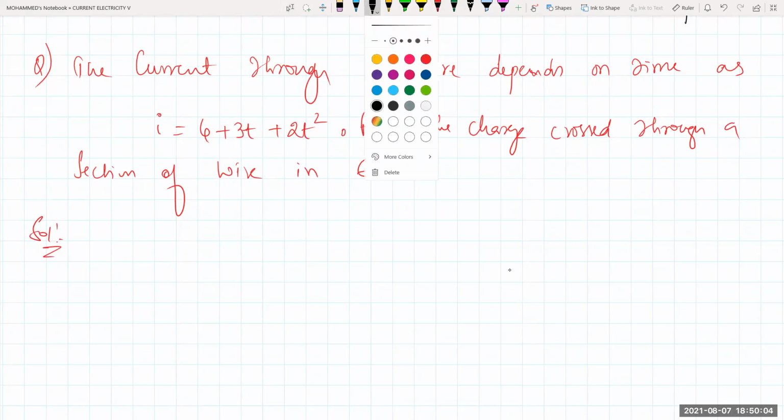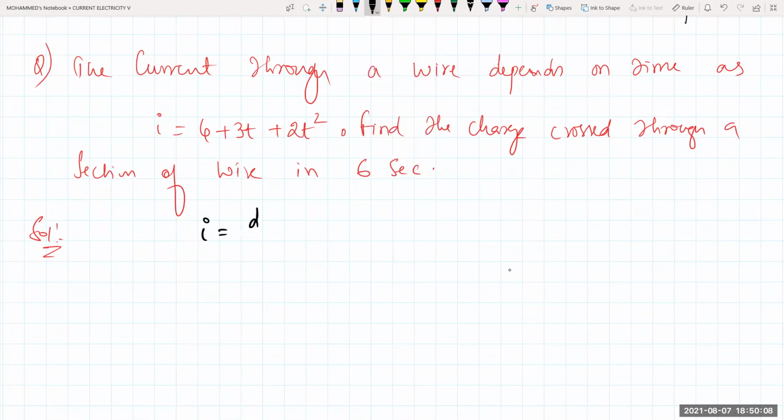Find the charge crossed. I is the rate of charge, I equals dq by dt. What we need is the charge, so from dq by dt we take dq equals the integral of I dt.